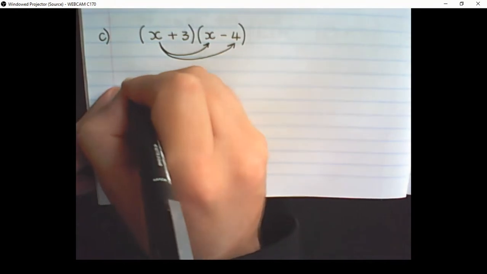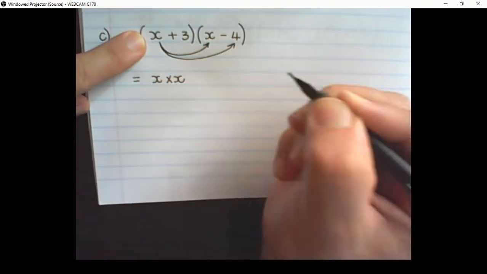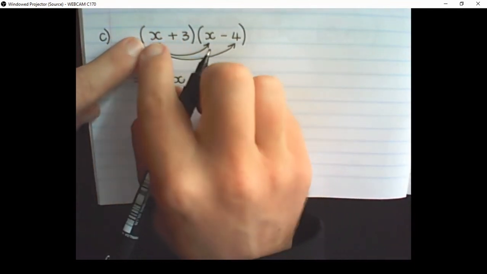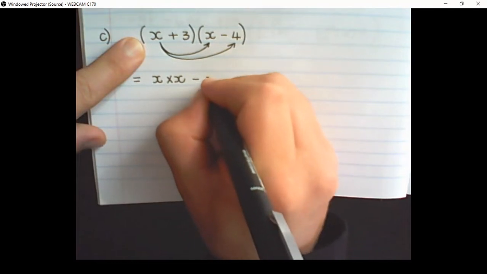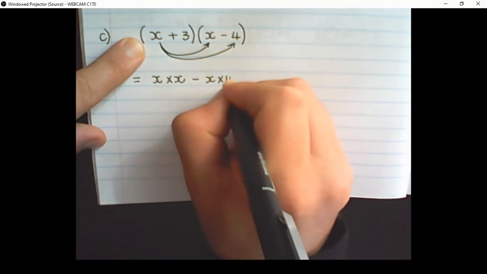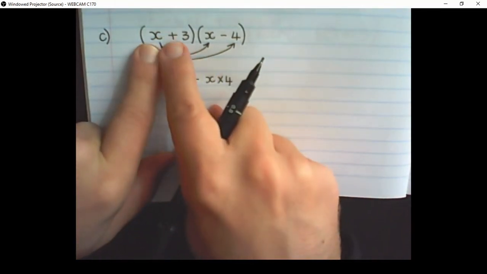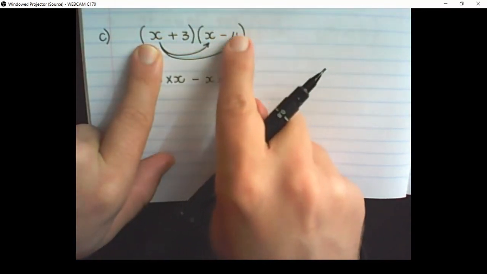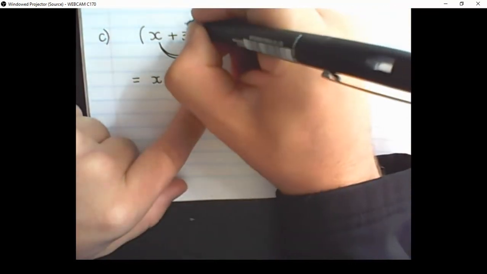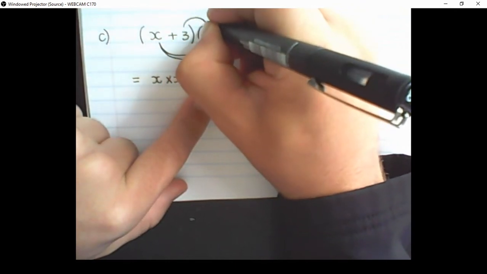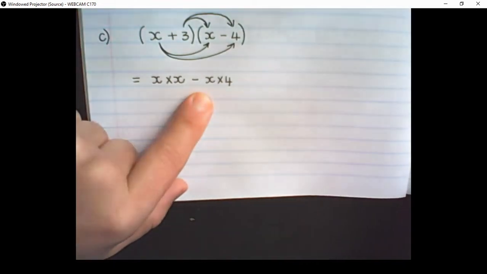So that means I will have x multiplied with x, and then a positive x times a negative 4, so it'll be negative x multiplied with 4, and that is now this x being multiplied with everything in the bracket on the right. Now that I'm done with the x, I can move on to the 3. So I multiply the 3 with x and the 3 with negative 4.